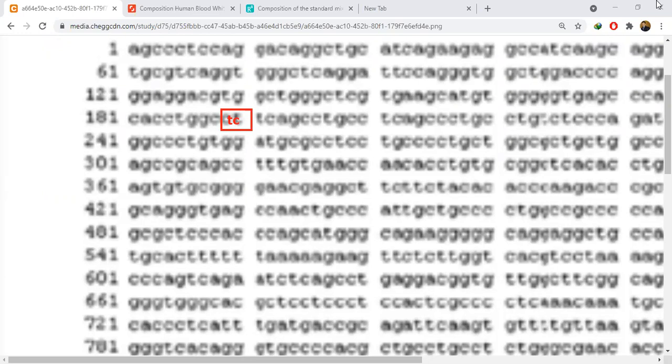If the order changes, what will happen? Mutation. That means the character also will change. Mutation means the change in the sequence creating a new character.